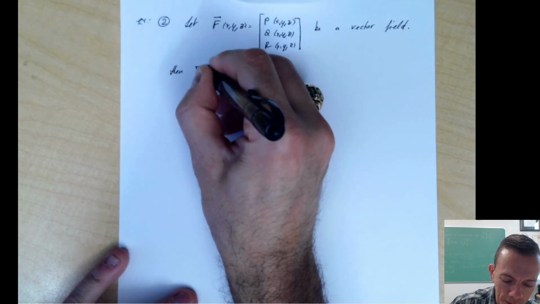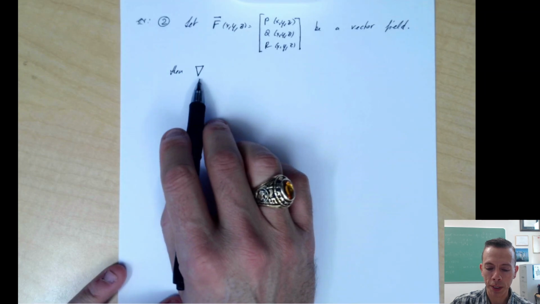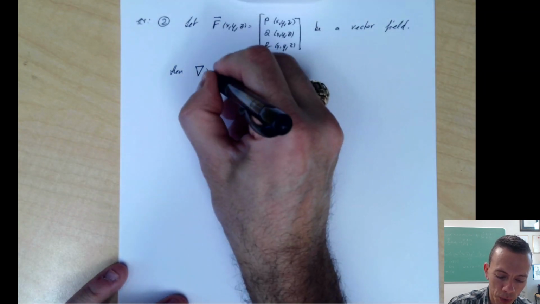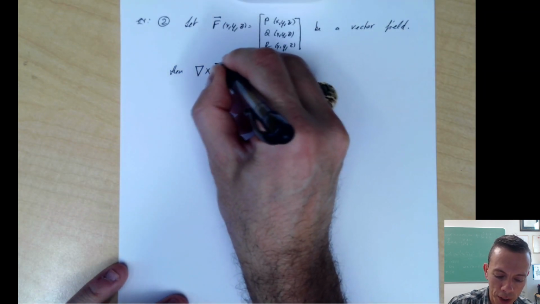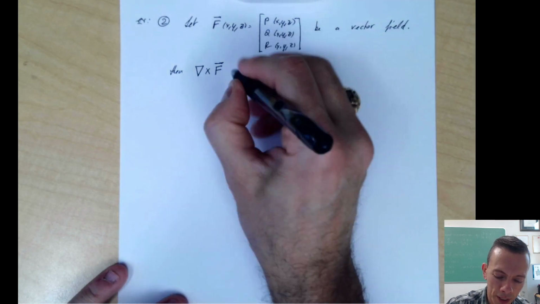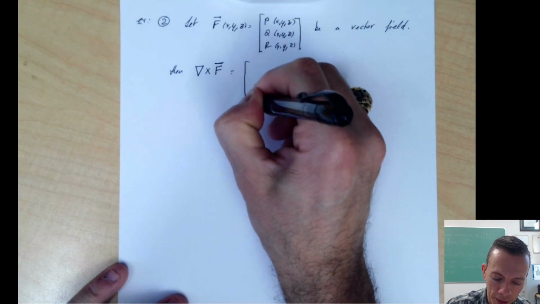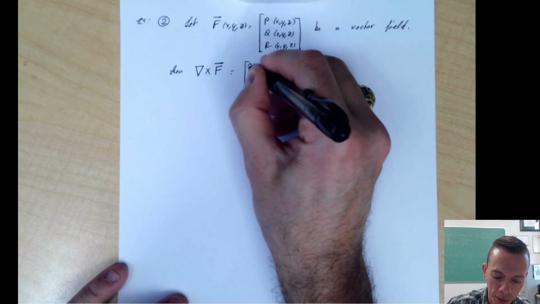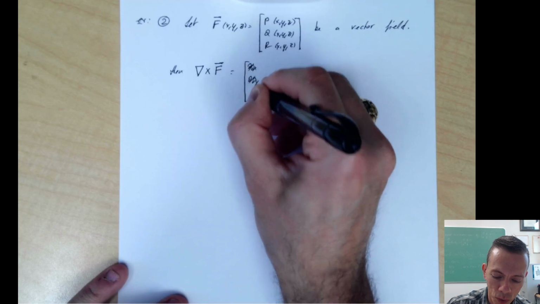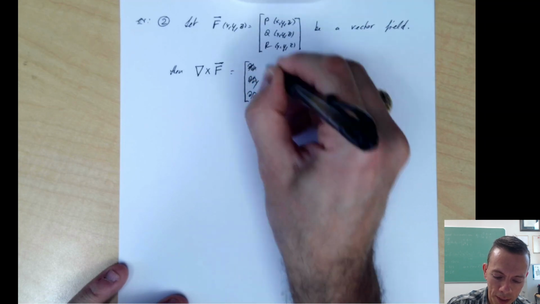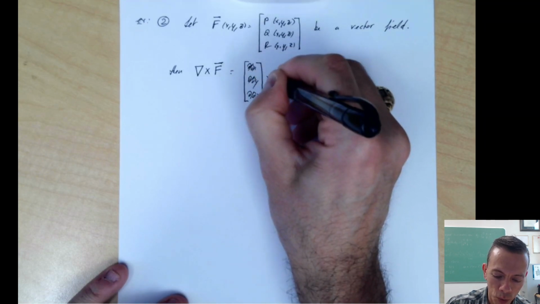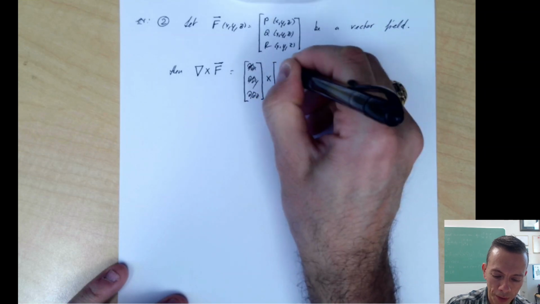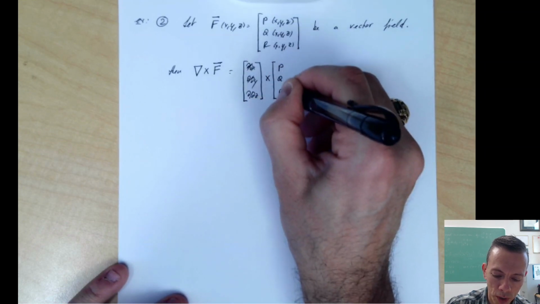So we can take this nabla vector once again, but now because we have a vector field, we can take the vector operation cross product with this. So what we're doing is taking the vector of 3 partial derivatives with respect to x, y, and z, and doing the cross product with p, q, r.